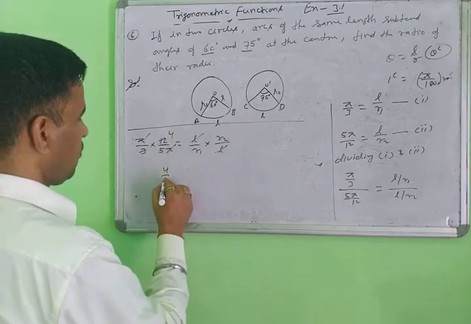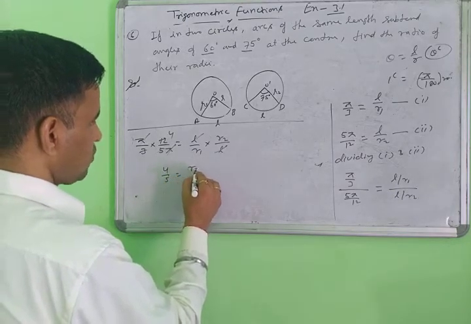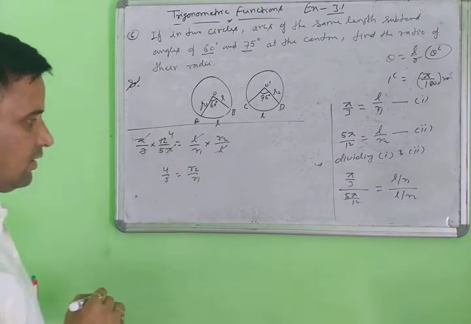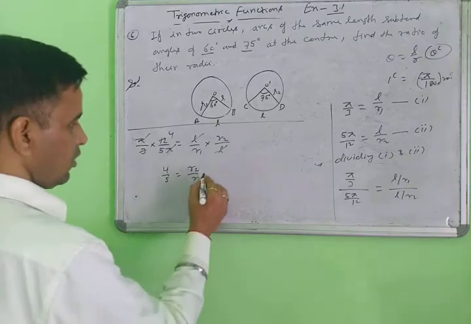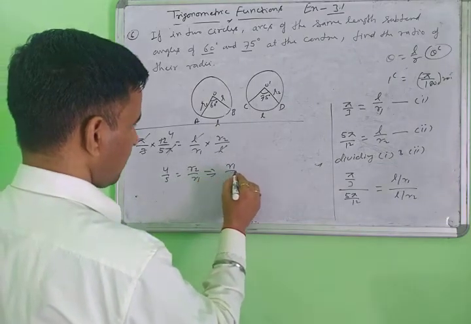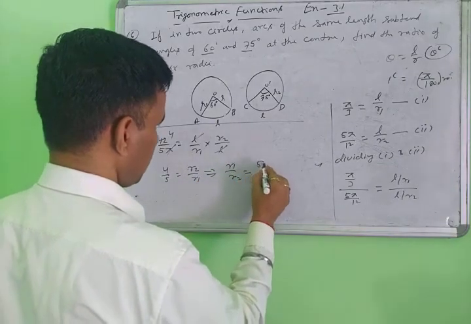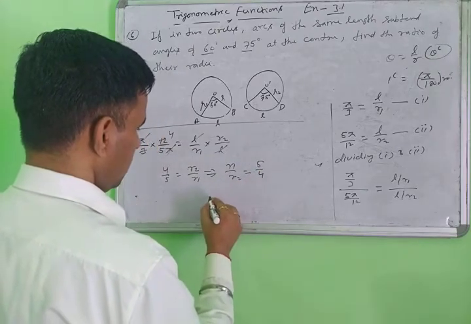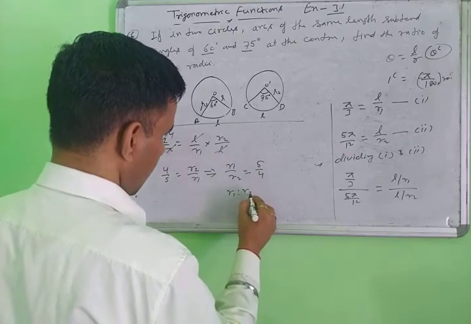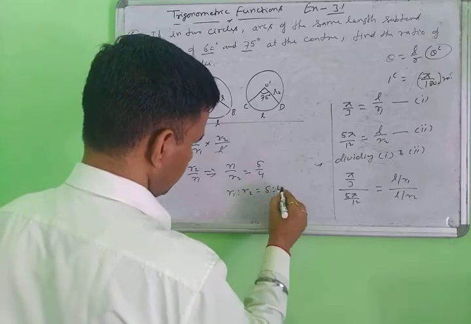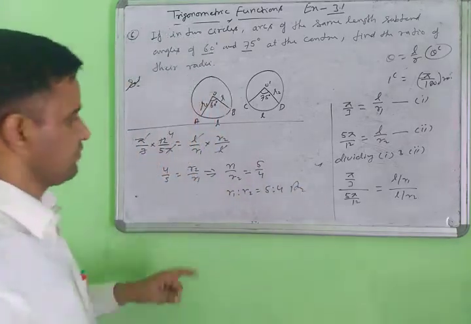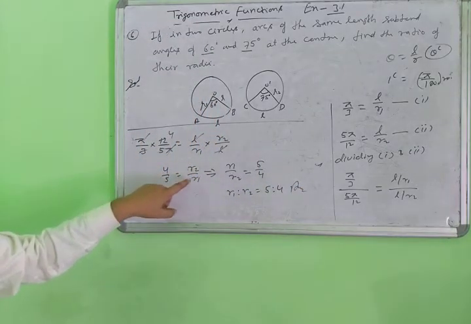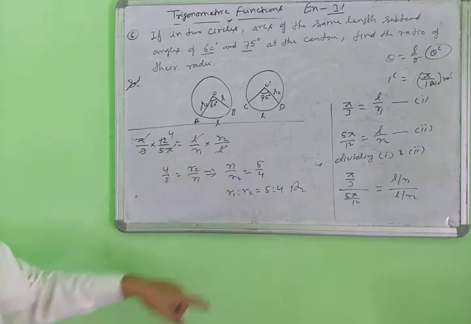What is left? 4 upon 5 equals R2 upon R1. So R1 upon R2 will be 5 upon 4. So R1 ratio R2 equals 5 ratio 4. This is your answer.